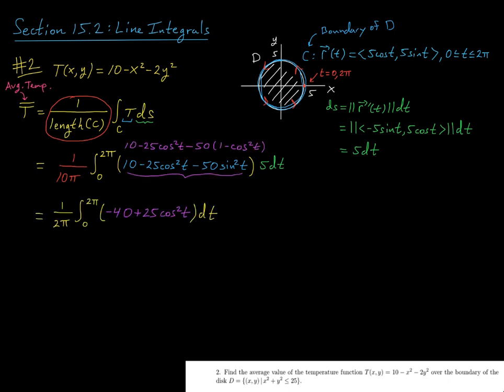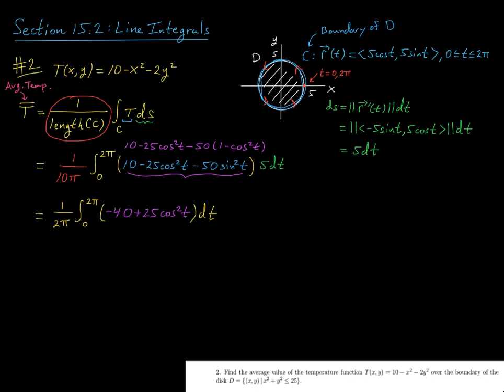The first thing I recommend doing, since you have a combination of cosine and sine terms, is to trade in sin^2 t for 1 - cos^2 t. Then when you open up parentheses and combine like terms, you wind up getting -40 + 25 cos^2 t, which is quite a bit simpler.